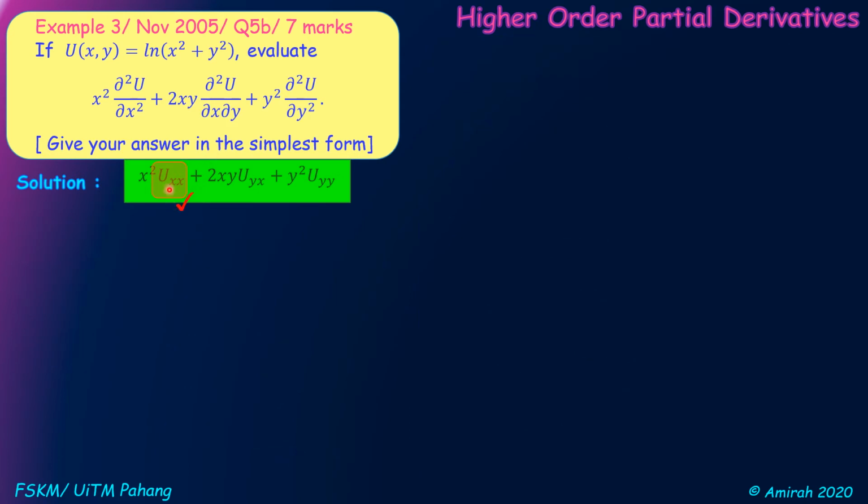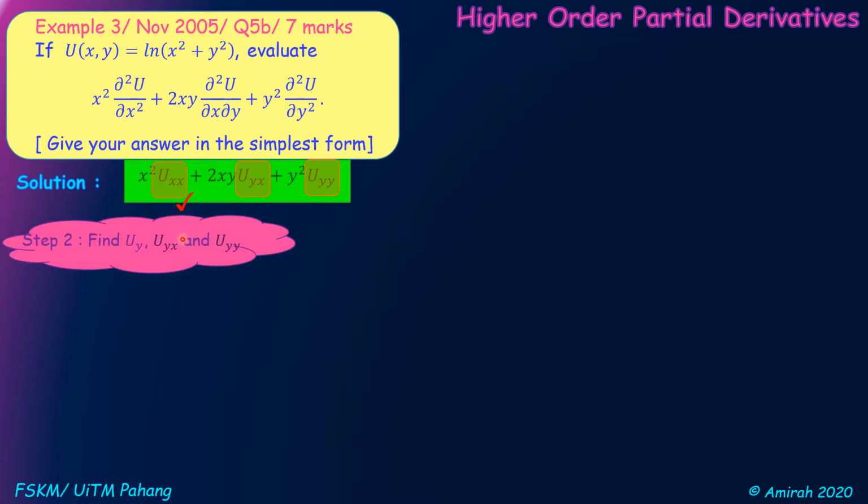Alright, now we are done finding u_xx. After that we can find u_yx and u_yy. To find u_yx and u_yy means we need to find u_y first. To find u_y we differentiate u.